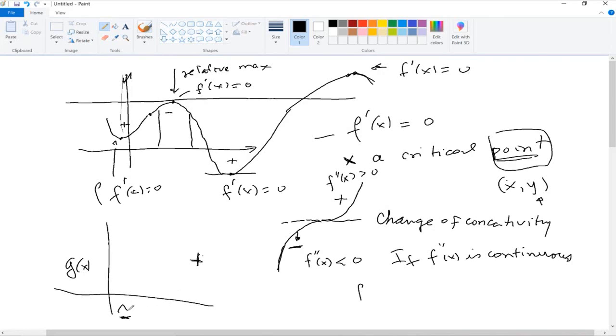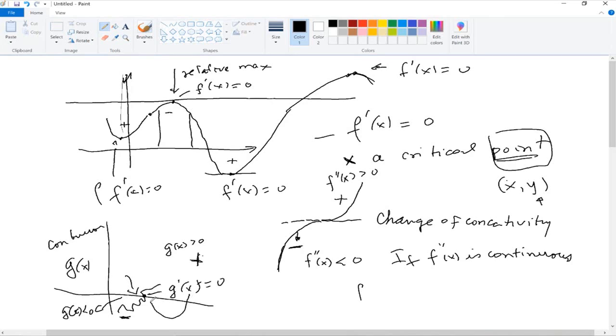If it is continuous, somehow to get here it has to cross over here, yes or no? Somewhere it has to happen.